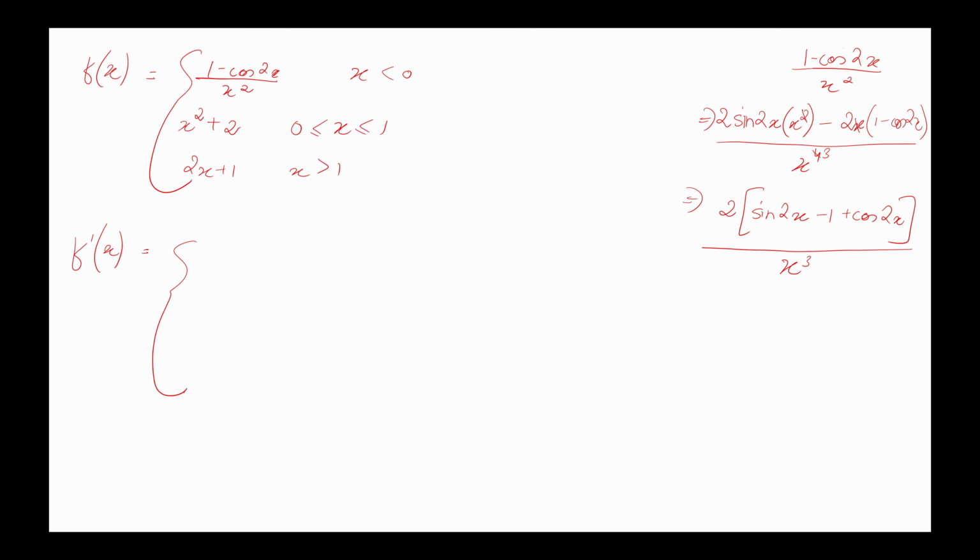So simply we can put this value here, so this would become 2 times sine 2x plus cos 2x minus 1 upon x cube. Here what are we going to get? We are going to have 2x, this would simply be 2. X is greater than 1, x is less than or equal to 1, greater than or equal to 0, and here we would have x less than 0.